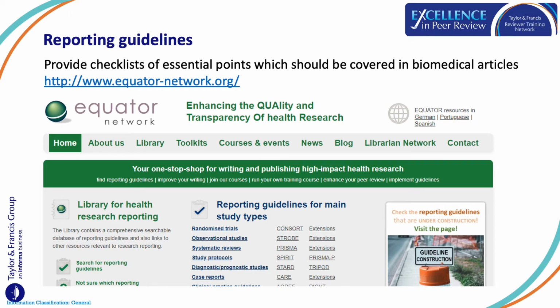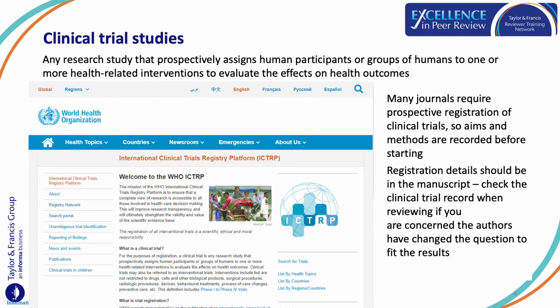In order to be published in a Taylor and Francis journal, all clinical trials must have been registered in a public repository at the beginning of the research process. So the research aims and methods are recorded before starting.